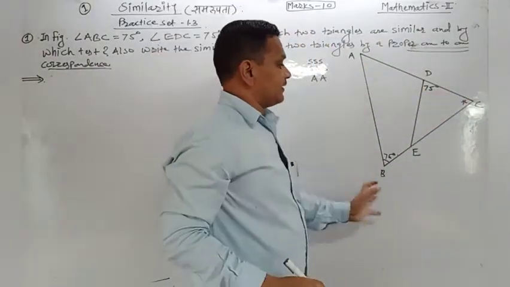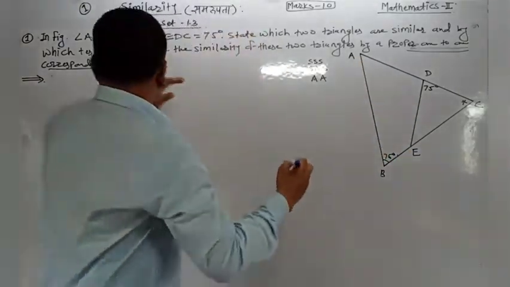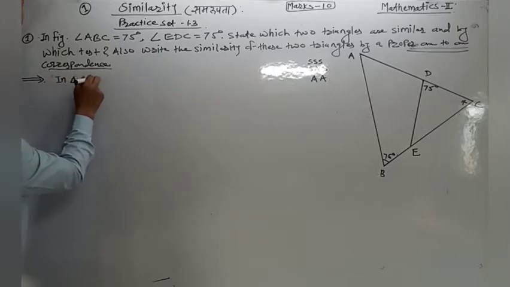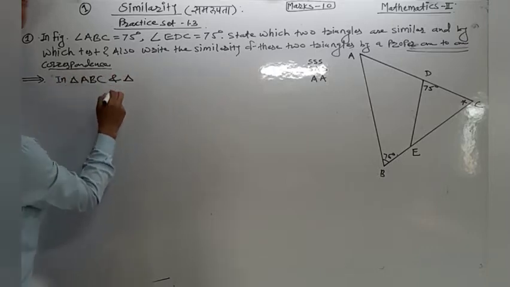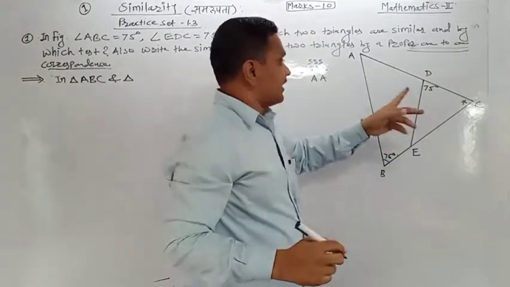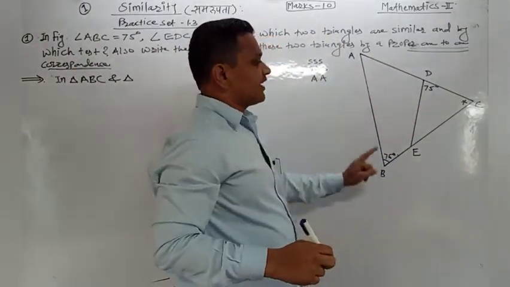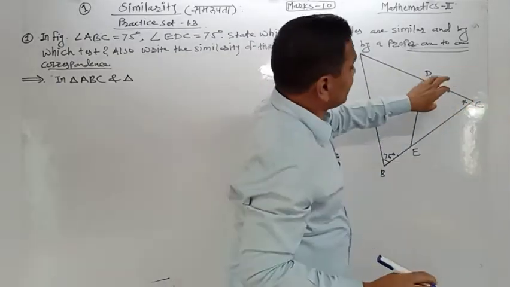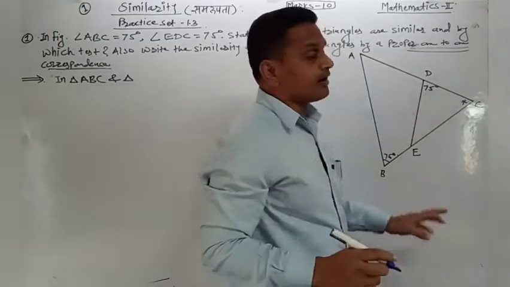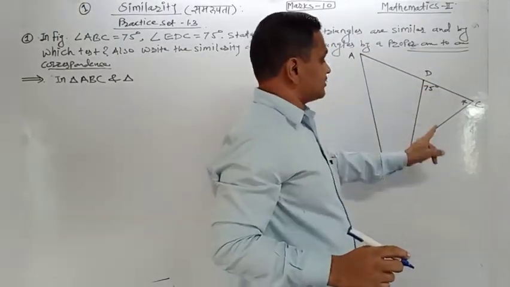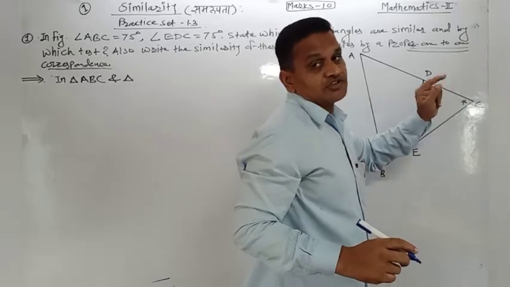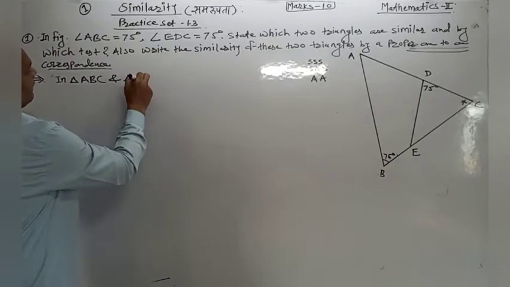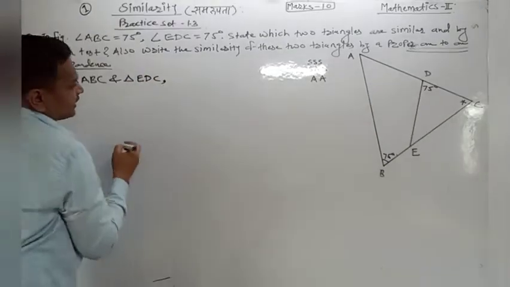Now I am taking the names of the two triangles: triangle ABC, with angle B 75 degrees and C the common angle star. What is the name of the second triangle? Triangle EDC, with angle D 75 degrees and the common angle C, right?